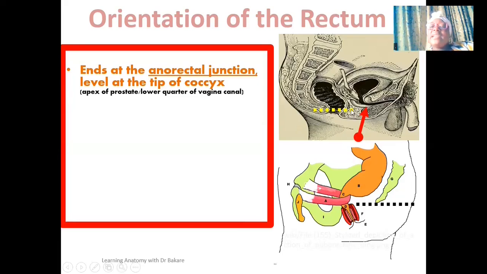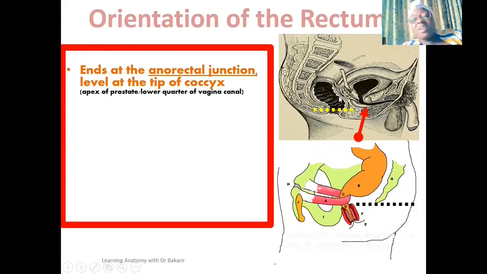So anteriorly, it corresponds to the apex of the prostate gland in male, while in female, posteriorly, it corresponds with the tip of the coccyx as seen in male, while on the anterior part, it tallies with the lower quarter of the vaginal canal. Because the uterus is what is seen as an anterior relation of the rectum in female, and we know that the uterus is continuous inferiorly with the cervix and also the vaginal canal.